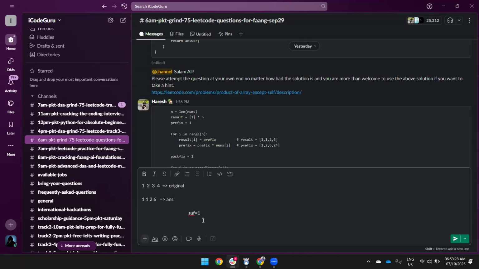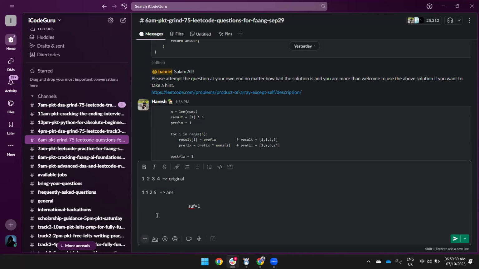For now we have suffix 1. We will start in the reverse direction. First we will compute the last element. So we have answer 1.